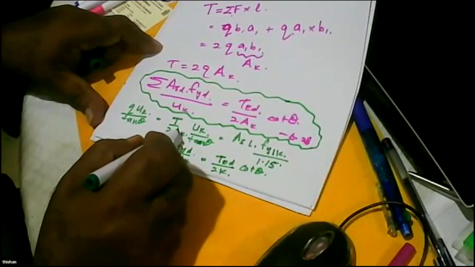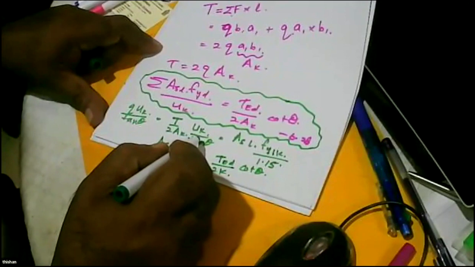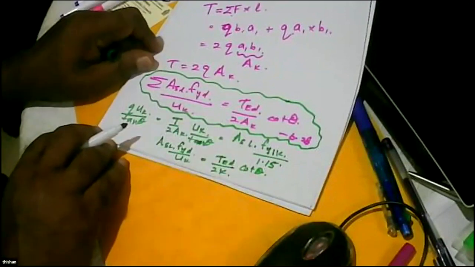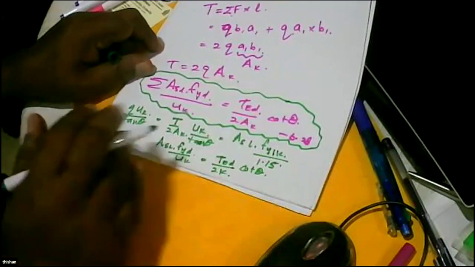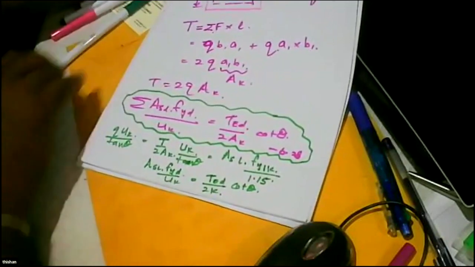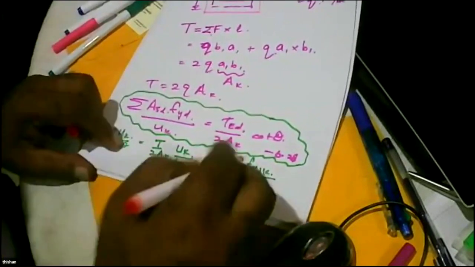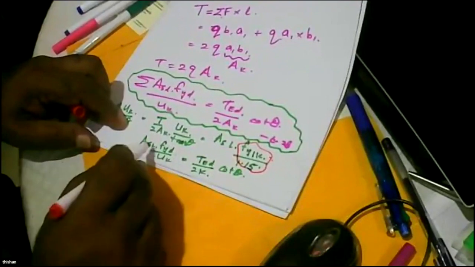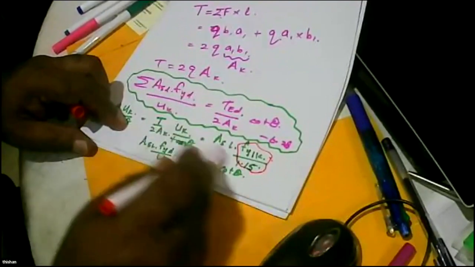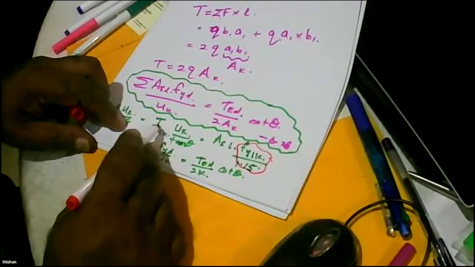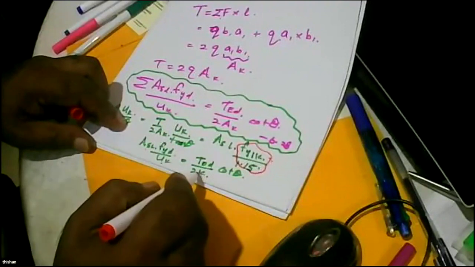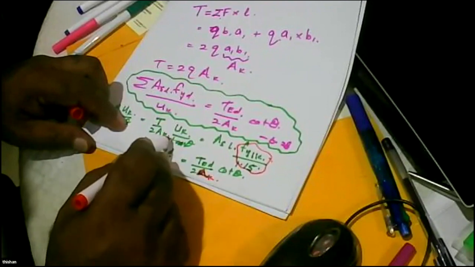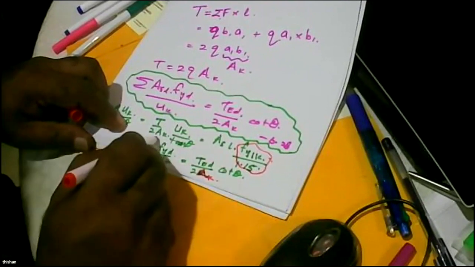You can substitute there, Uk over tan theta, and that is the force that has to be resisted by horizontal reinforcement. So this part is fyd. This is fyd. So Asl fyd, and here Uk can be brought here, is equal to T Ed over 2Ak, and 1 over tan theta means cot theta. So this is the equation given in the code.